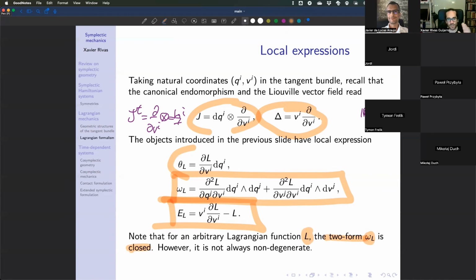But that's the thing, it's not always non-degenerate. So it's not always symplectic, but it is always pre-symplectic. This you have always, but not always will it be non-degenerate.